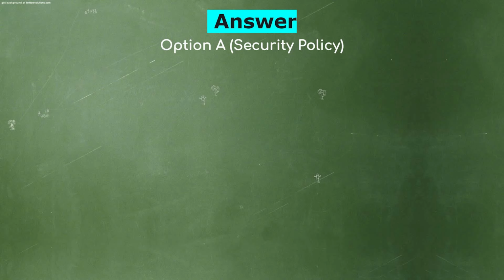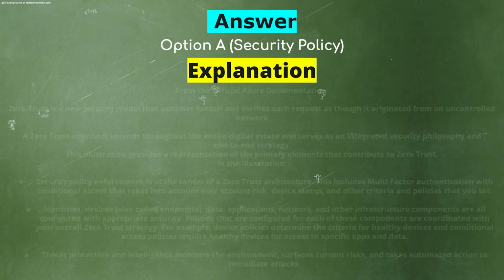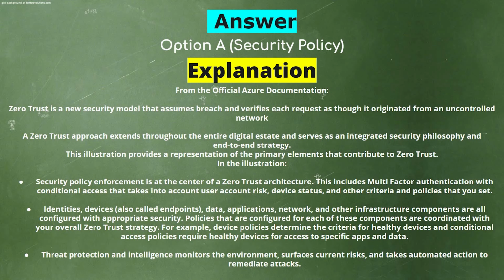Security policy. Explanation. Zero Trust is a new security model that assumes breach and verifies each request as though it originated from an uncontrolled network. A zero trust approach extends throughout the entire digital estate and serves as an integrated security philosophy and end-to-end strategy.